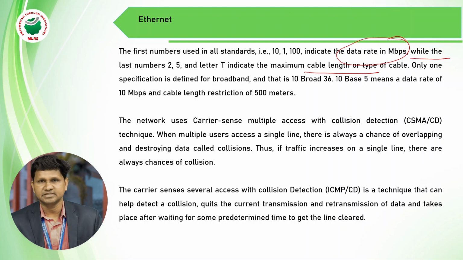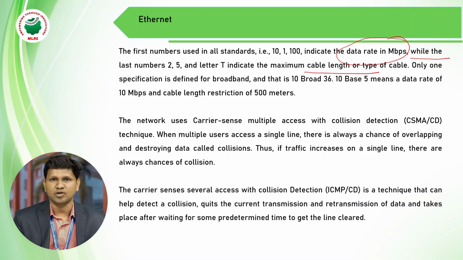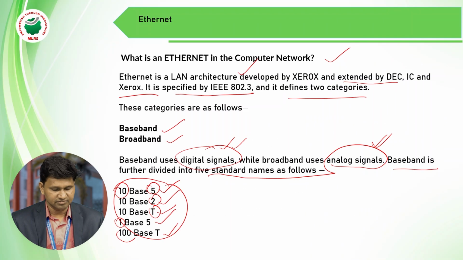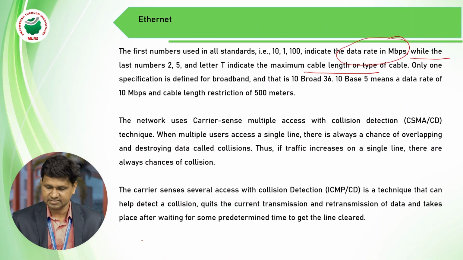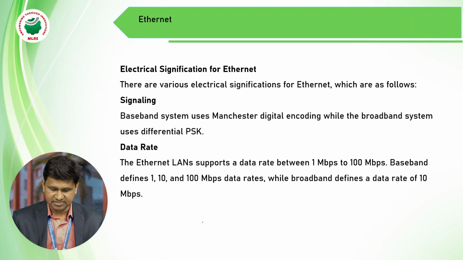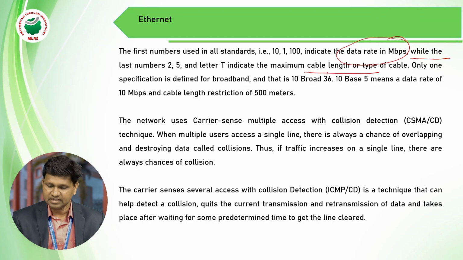If you want to send a message, we need some components like source, destination, and media. Apart from that, we have a concept called Ethernet, with different types of standard names. The first number indicates the data rate in Mbps, the second indicates the length or type of cable.